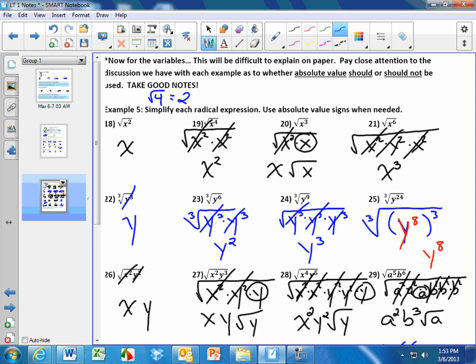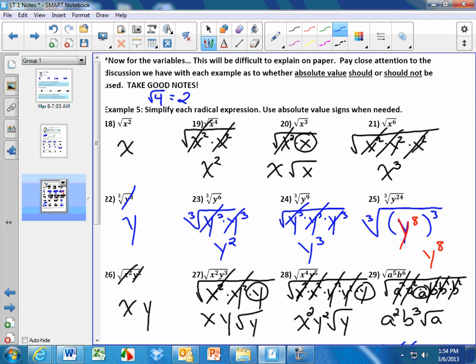We don't have to think about absolute values for those problems. Okay? We never think about that. And the reason is, without going into too much explanation, if an odd index, if its radicand is negative, then the root will be negative. It'll work itself out. If it's supposed to be positive, it'll work out to be positive at the time.